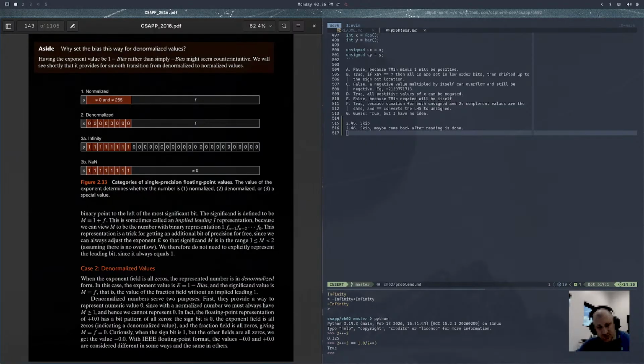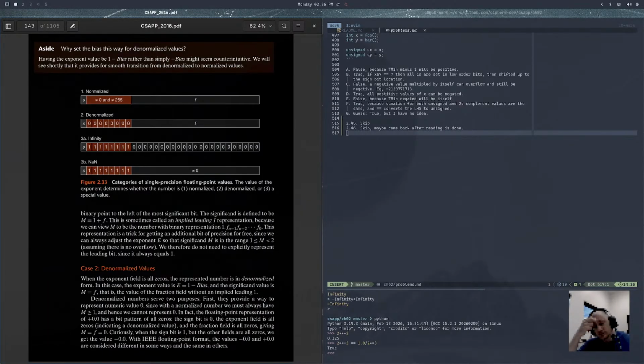This representation is a trick for getting an additional bit of precision for free, since we can always adjust the exponent E so that the significand m is in the range 1 less than or equal to m is less than 2, assuming there is no overflow. We therefore do not need to explicitly represent the leading bit, since it's always equal to 1.